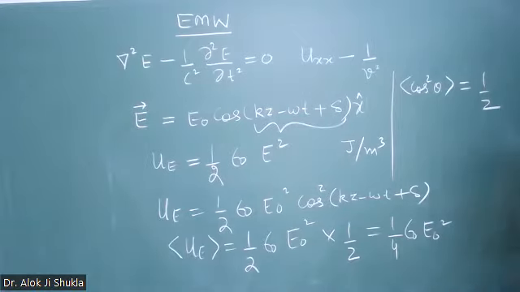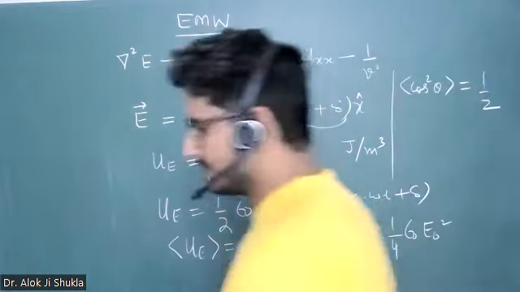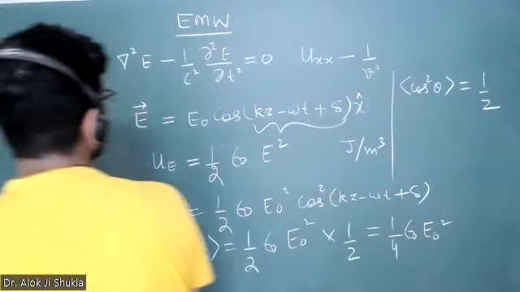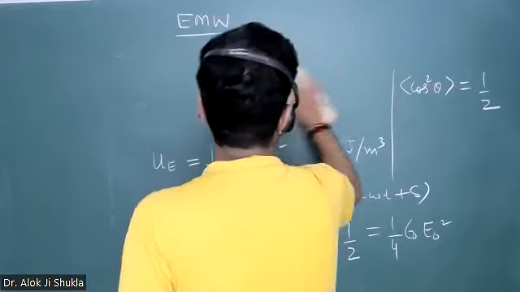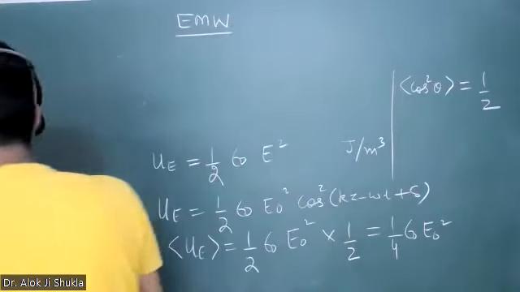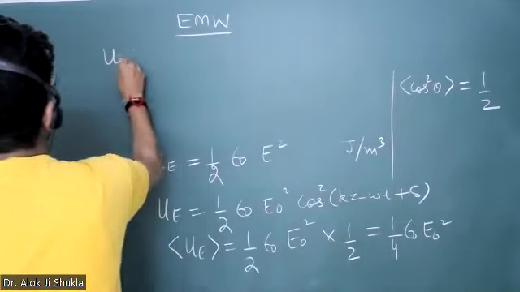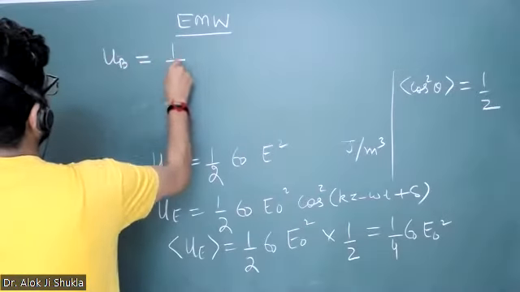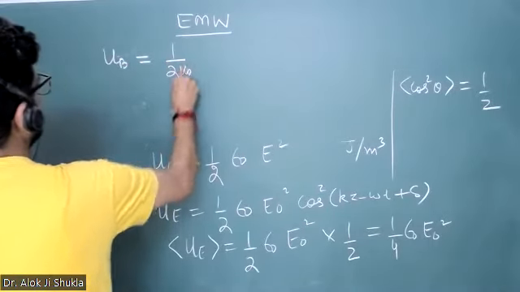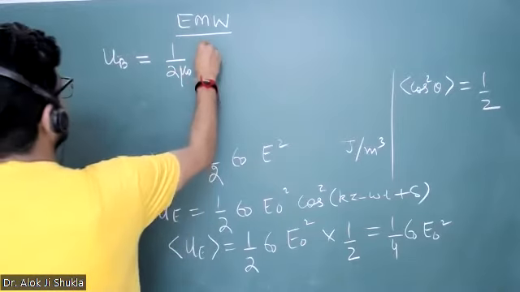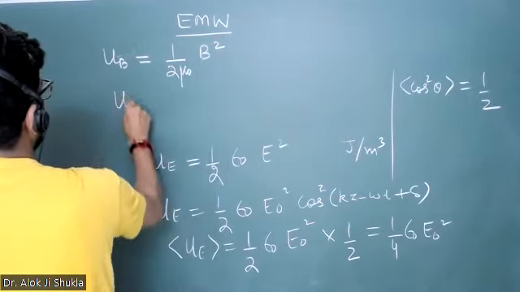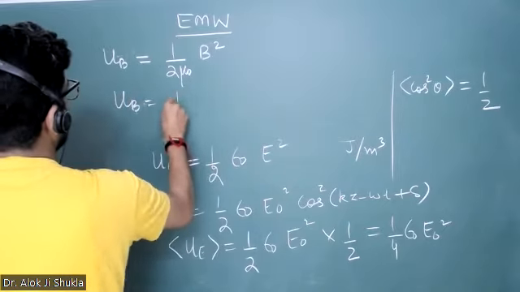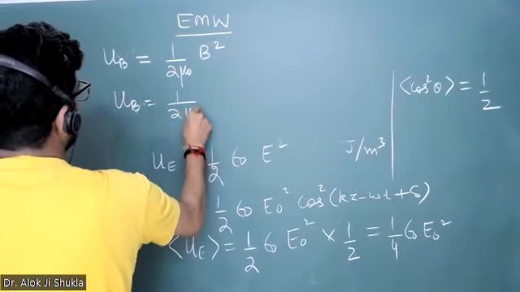Similarly, for this wave propagating in vacuum, if I want to write the average of the magnetic energy density, it was 1 by 2 mu naught B squared. So UB is equal to 1 by 2 mu naught times the average of B squared. What will this be?